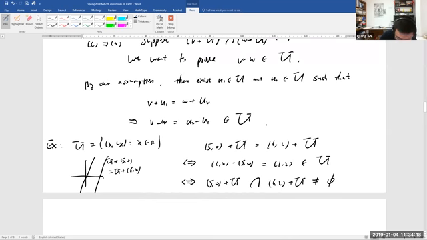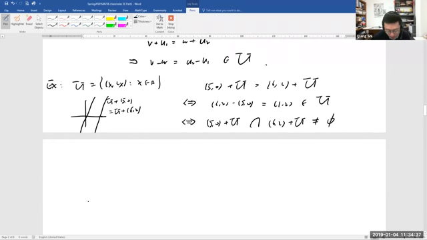It's very easy to check they have a common element. For instance, (5,0) belongs to the left-hand side, but if you take (6,2) plus (-1,-2), that's also (5,0). So that's also on the right-hand side, so they have common elements.